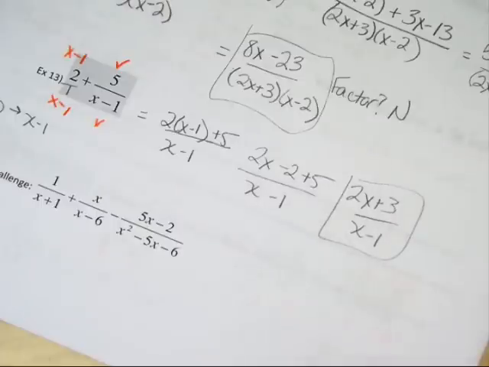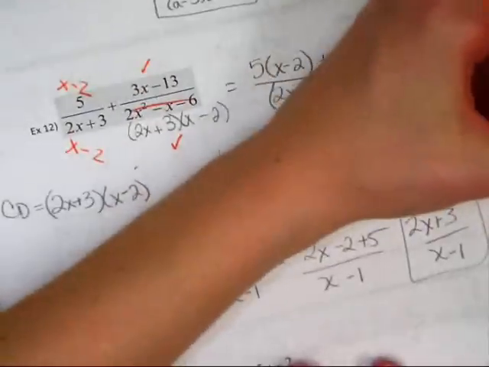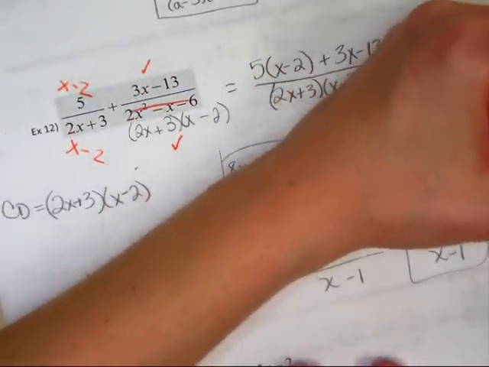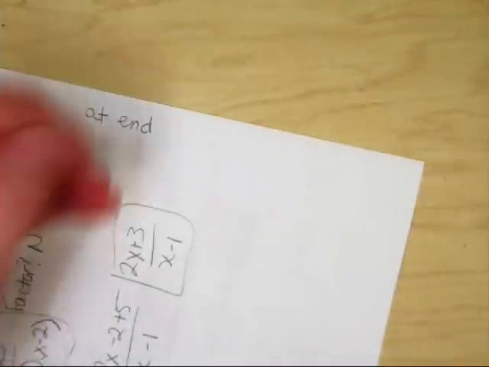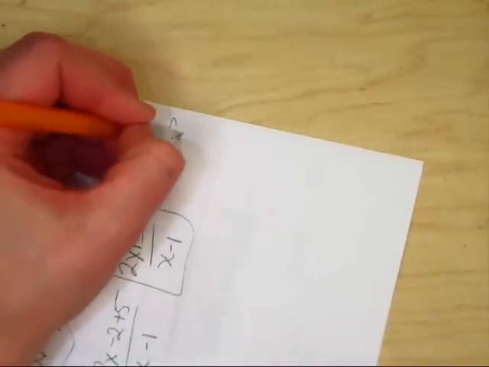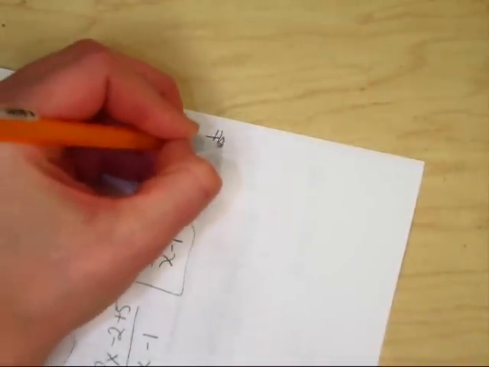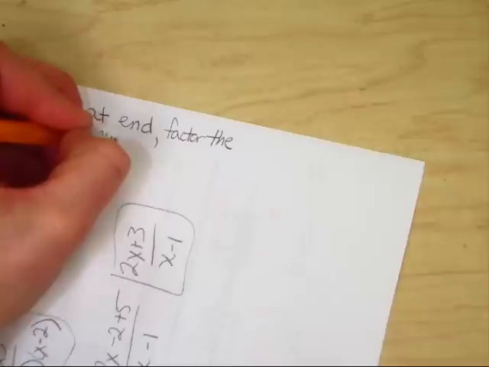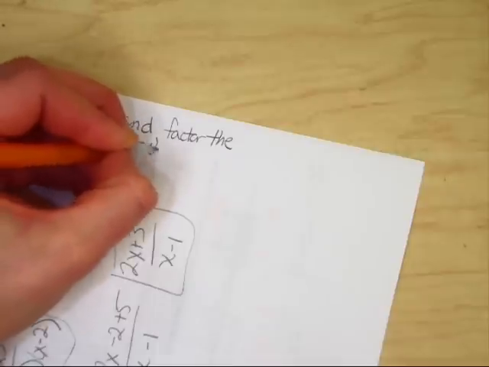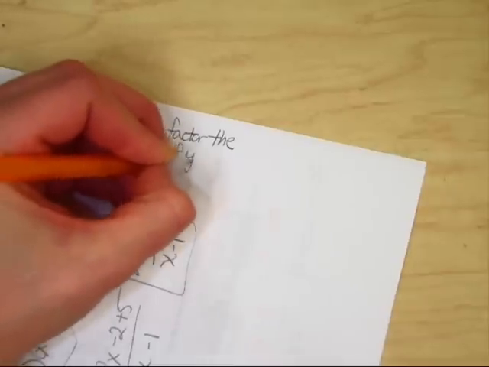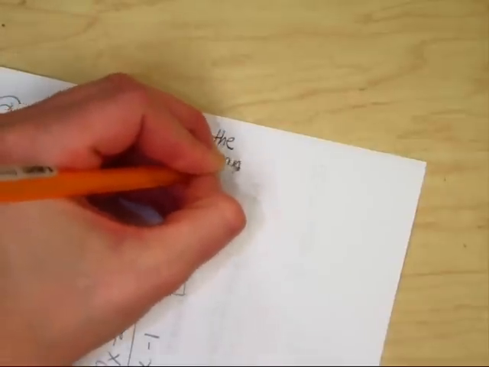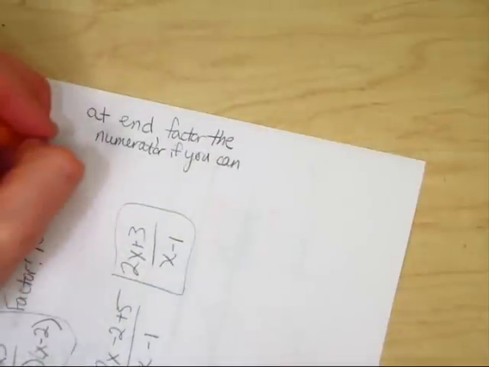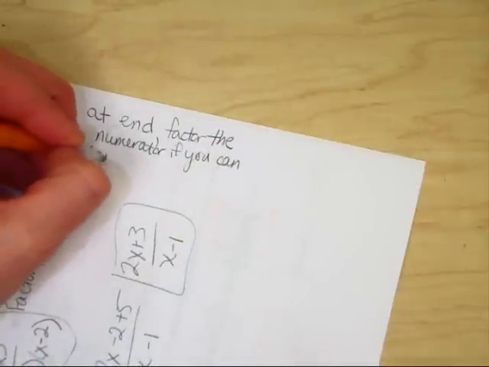So the main thing that I can kind of send home with you is at the end of your problems, factor if you can, and you're only going to really be factoring the numerator. Because if you can factor the numerator, you might be able to cancel or reduce.